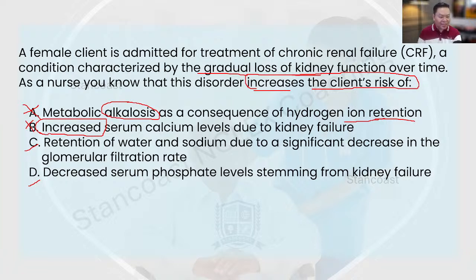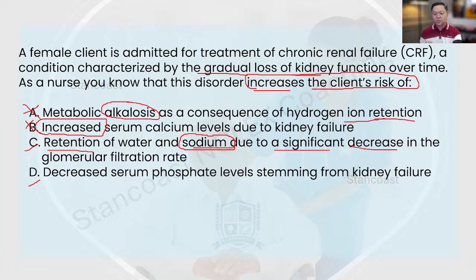Before we go into letter D, let me just look here real quick. Retention of water and sodium due to a significant decrease in the glomerular filtration. Yes, okay. And so this is actually pertaining to hypernatremia, right? Okay. Guys, I want to emphasize right now that in chronic renal failure, it's either hyponatremia or hypernatremia.